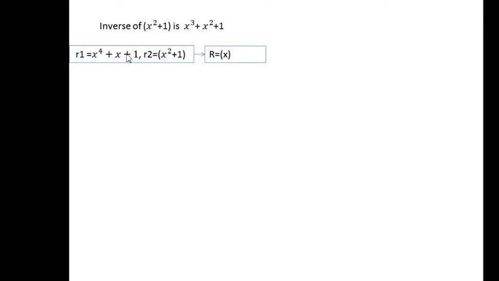By dividing x to the power of 4 plus x plus 1 by x square plus 1, you get remainder x. Initially we place t1 as 0, t2 as 1, and then t as x square plus 1, and the quotient becomes x square plus 1.